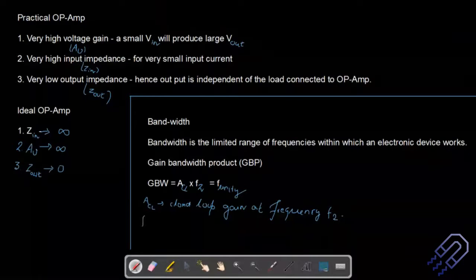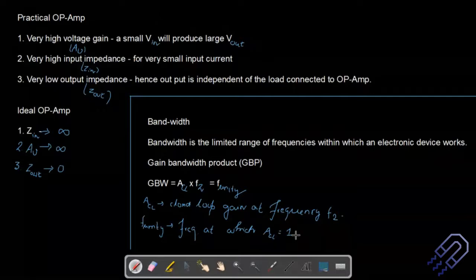And what is F unity? That is the frequency at which this closed loop gain, that means A_CL, is equal to unity or 1.